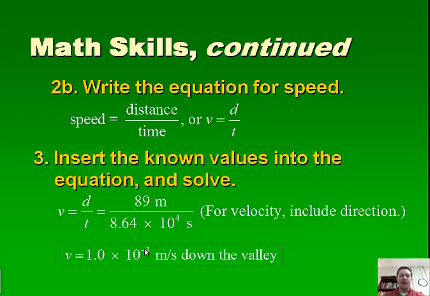If I were to write this scientific notation number out, the negative 3 says that I move the decimal to make this a smaller number, moving it over 3 spots. So did I get that right? 1, 2, 3, yeah. So this is my number in decimal form as opposed to scientific notation. Again, I'm still in meters per second in the down direction.